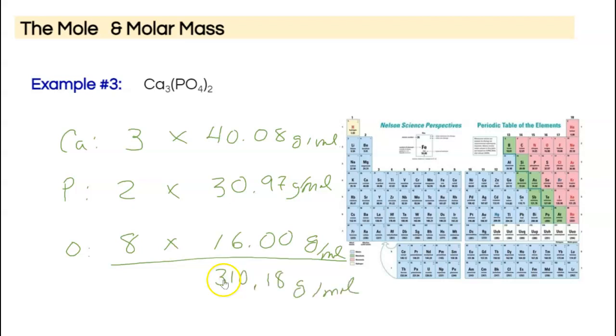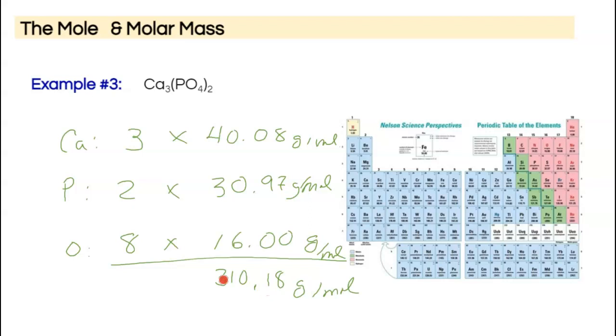And just a reminder, when we're doing our unit analysis, when we're adding values, we are keeping it in line with the value of the fewest decimal places. So all of these have 2 decimal places, hence the 0.18.